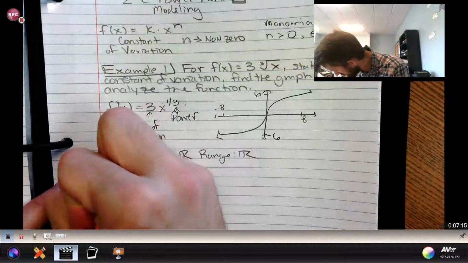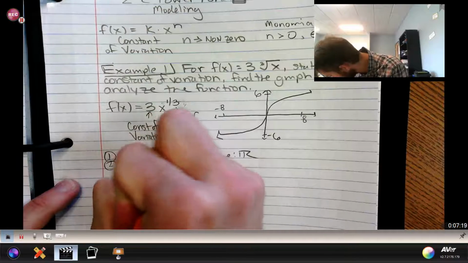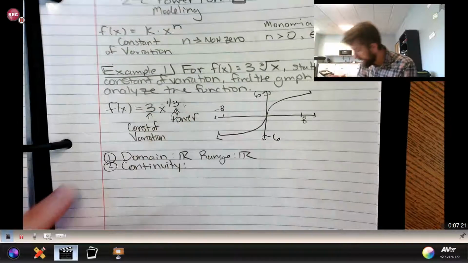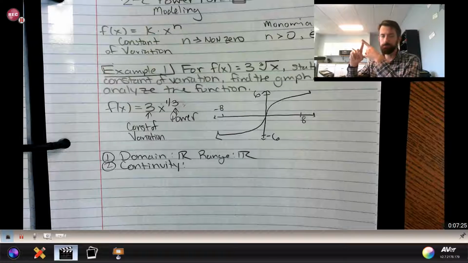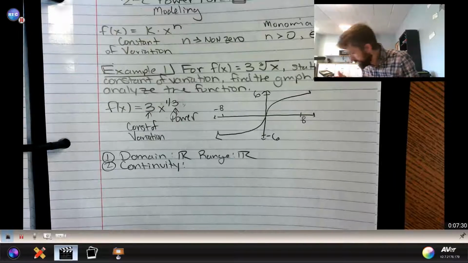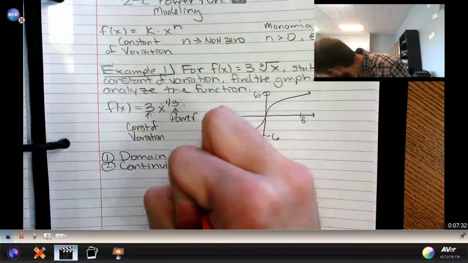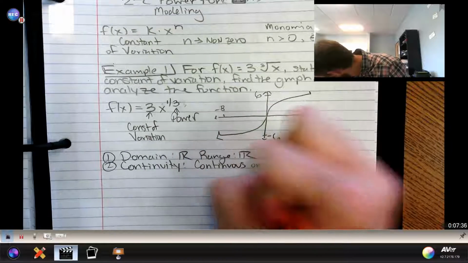The next thing that we look at is the continuity. The nice thing is, on this function, there are no holes and there are no vertical asymptotes. So it is continuous on the domain.